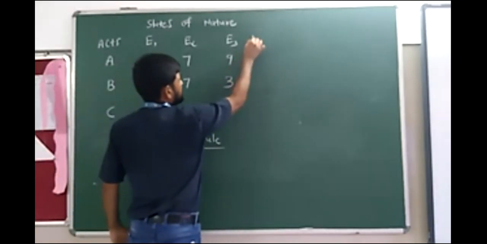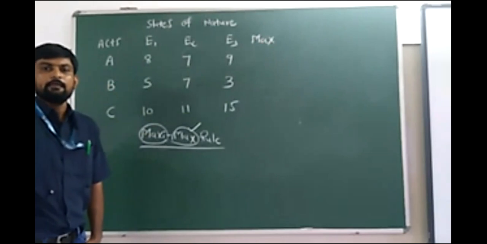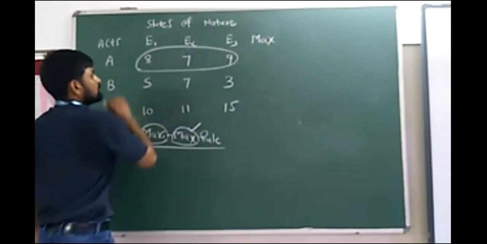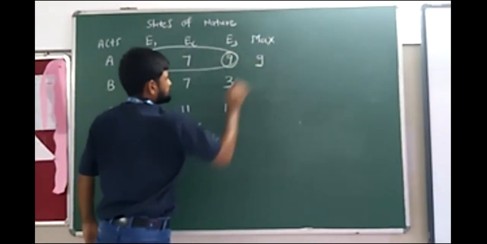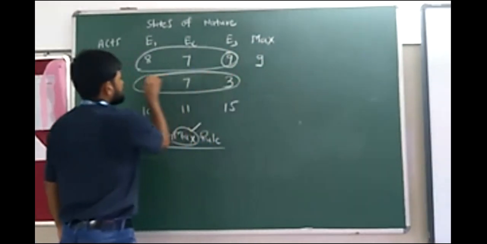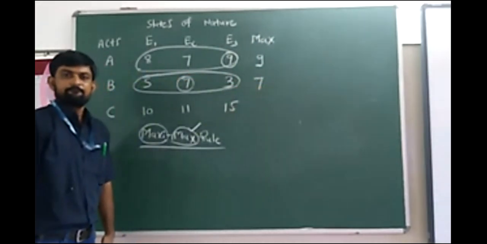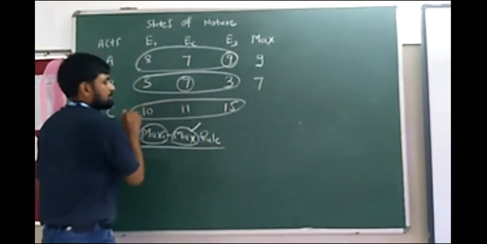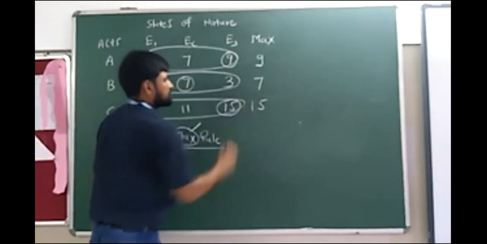So here we'll find the maximum payoff in the next column. From the first row, the maximum payoff is 9, so we'll write 9 here. In the second row, the maximum payoff is 7, so we'll write 7. And in the third row, the maximum payoff is 15, so here we'll write 15.